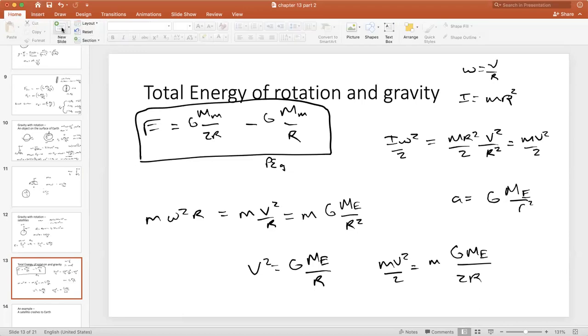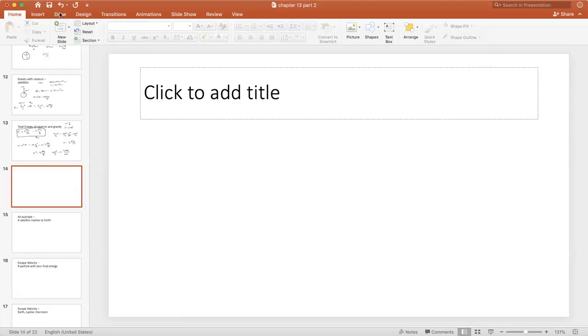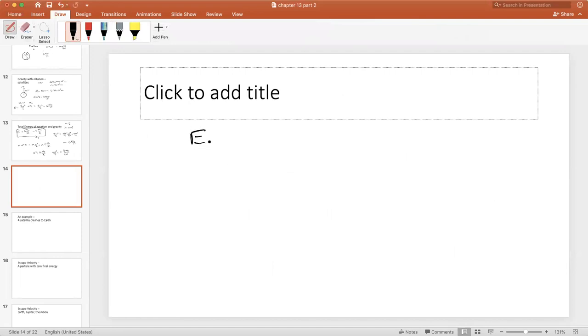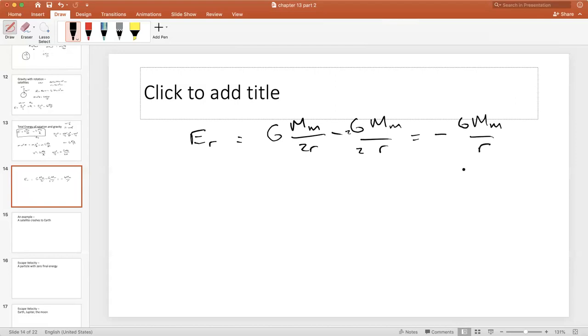This is the important equation. So E at any r is G M m over 2r minus G M m over r. If I multiply top and bottom by 2 so that I get the denominators the same, I see that this actually ends up being minus G M m over 2r.